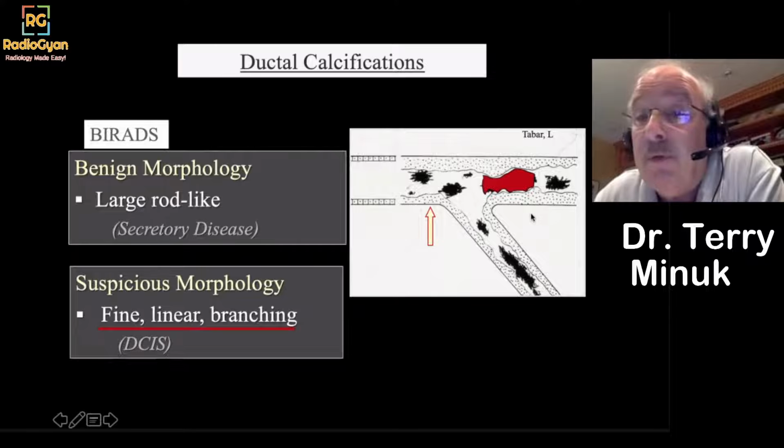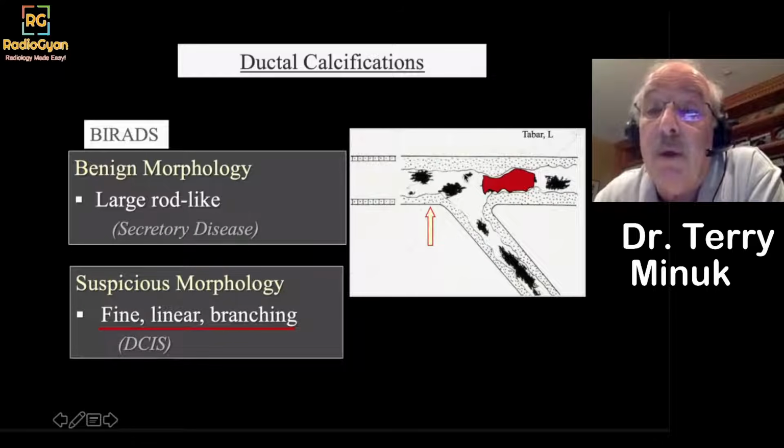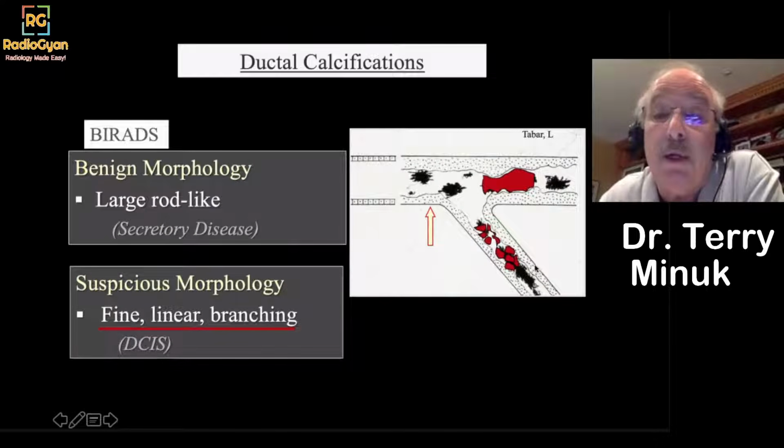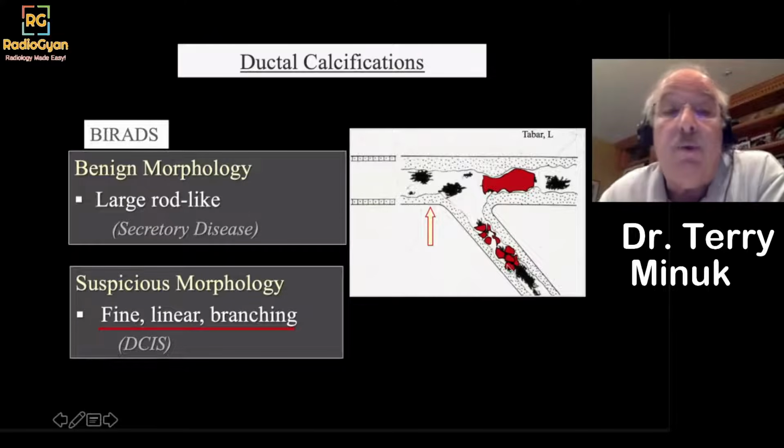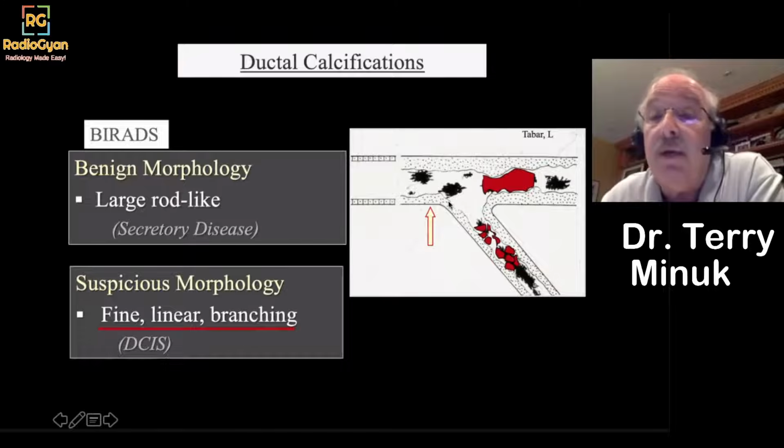And if there's a lot of necrosis, you'll get big chunky calcifications. If there's a little bit of necrosis, there'll be small little calcifications. And sometimes the calcifications are just broken into multiple tiny pieces. Tabar calls it a snakeskin appearance. The important point with these suspicious calcifications is they look like they've arisen in a duct that's got irregular walls because the calcifications themselves are irregular.